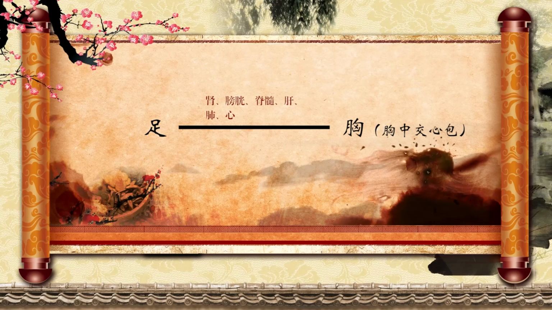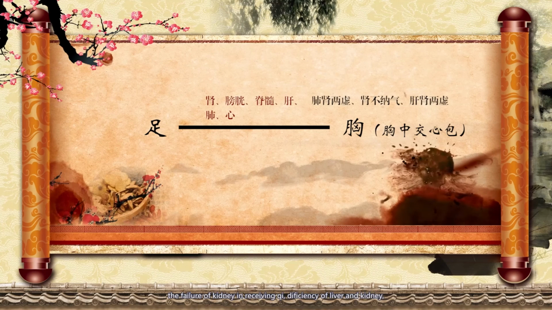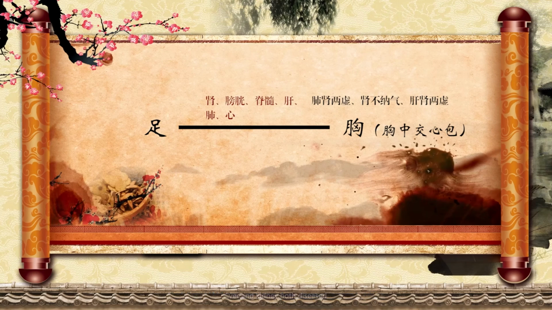For example, we often see the clinical symptoms of deficiency of lung and kidney, the failure of kidney in receiving qi, deficiency of liver and kidney, liver and kidney both diseased, heart and kidney both diseased.